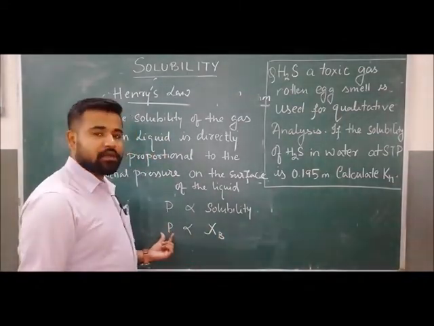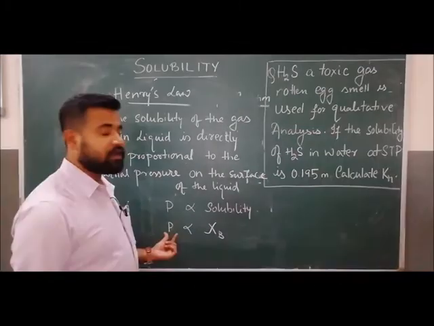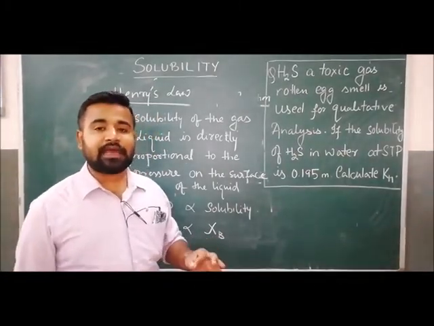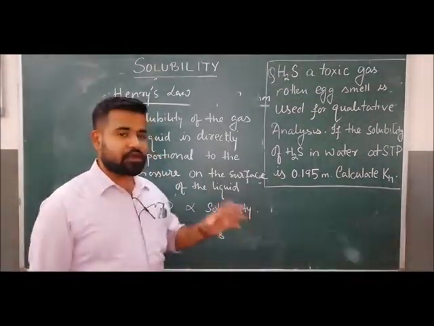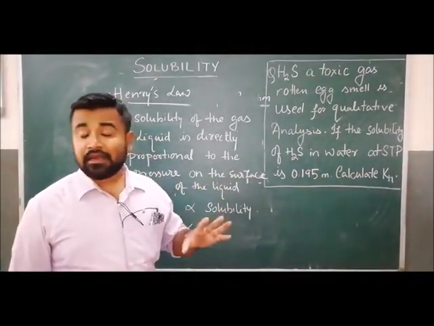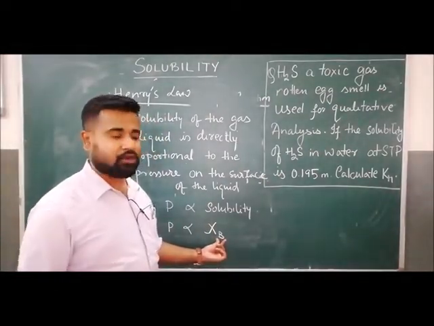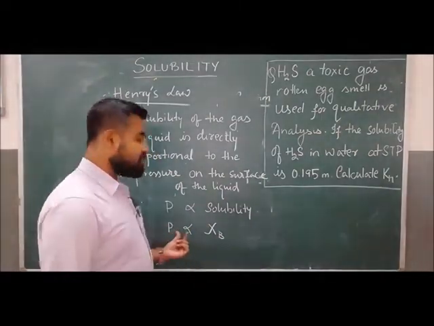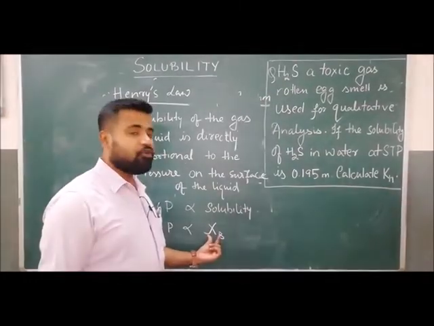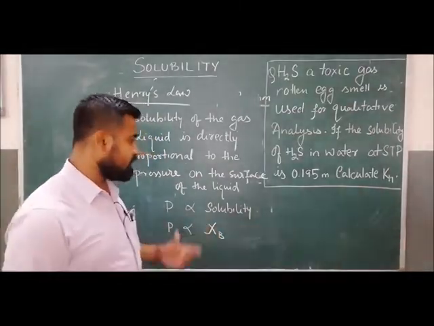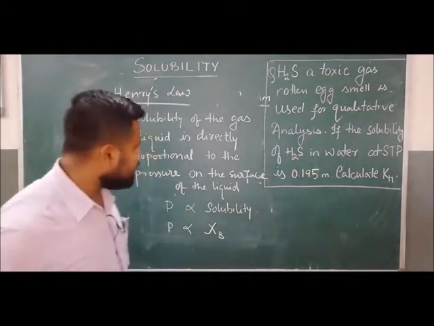So the partial pressure over the surface of the liquid is directly proportional to the mole fraction of the gas, because the gas is dissolving in the liquid. B is taken for the solute, and here gas is the solute, so that is xi B.